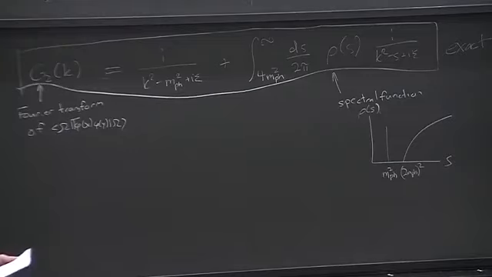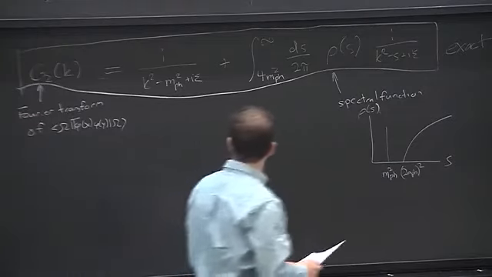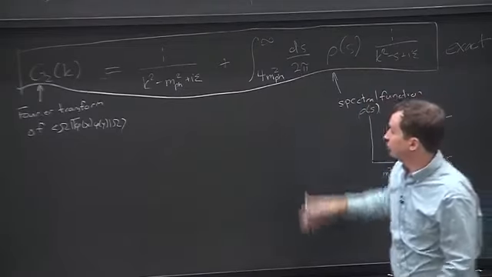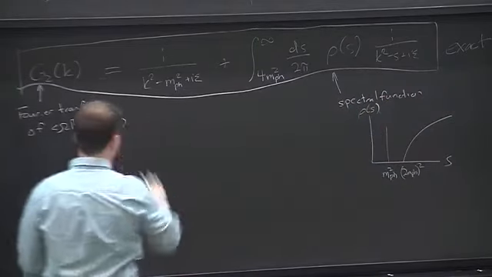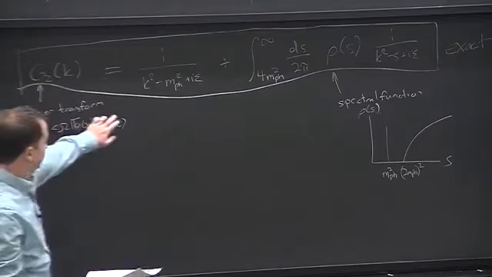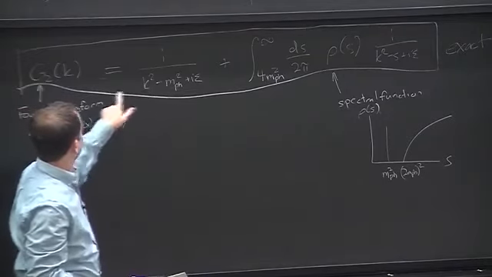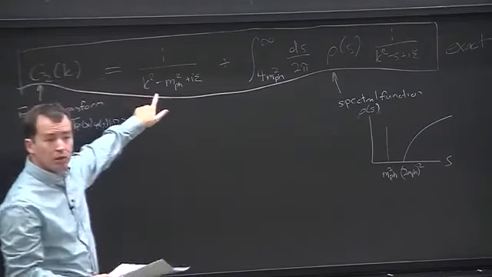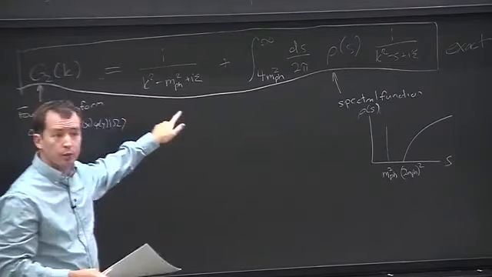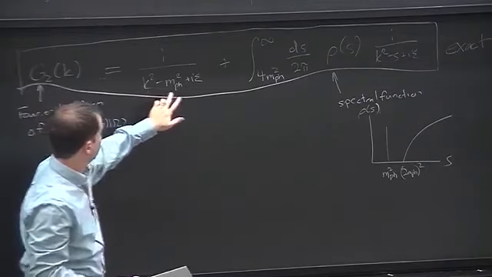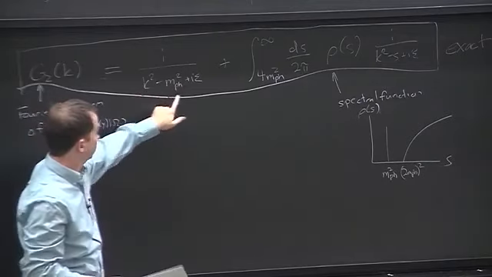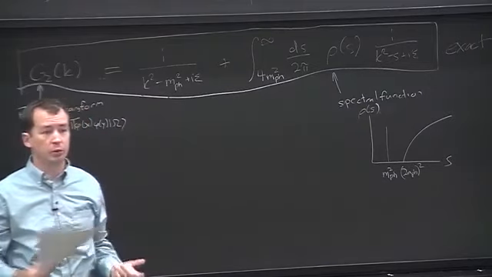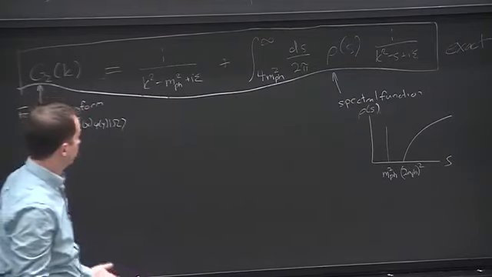Okay, so what are the key points to take away from this formula? This tells us, in particular, that now in momentum space, the two-point function, the propagator of the exact theory, has a pole at k squared equals m squared. We can make the same statement in the free theory.